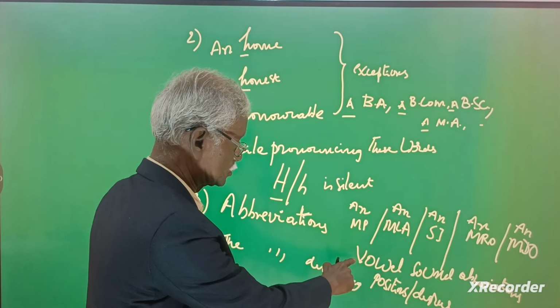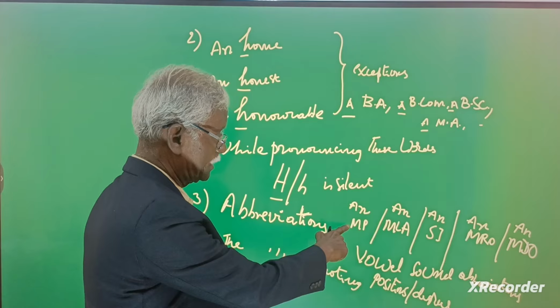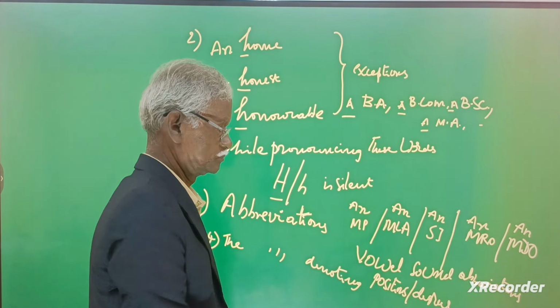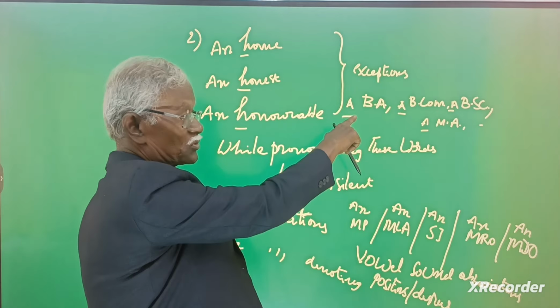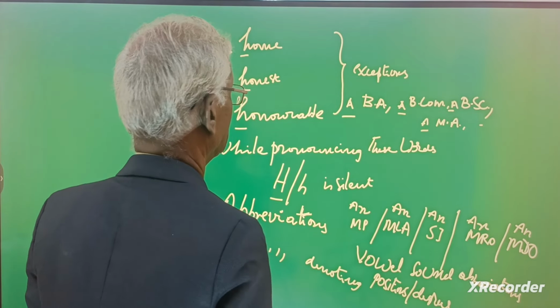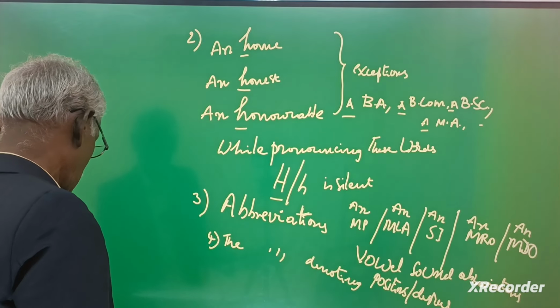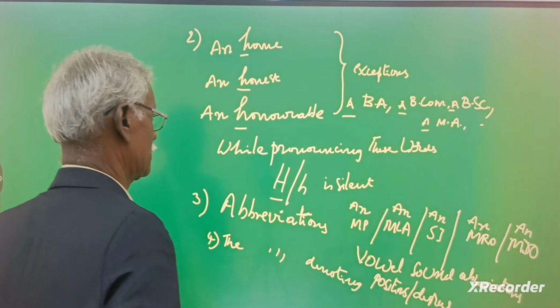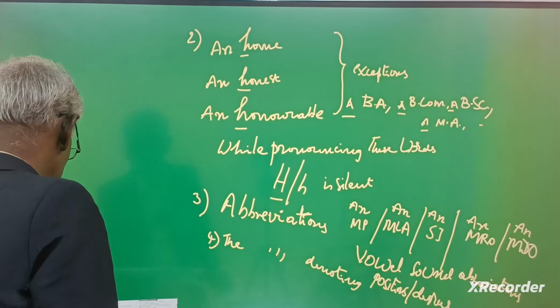Remember these two kinds of abbreviations like MP, MLA, SI. These are all positions, but these are degrees. For degrees use a: a BA, a BCom, a BSc, a MA, like that you can say.